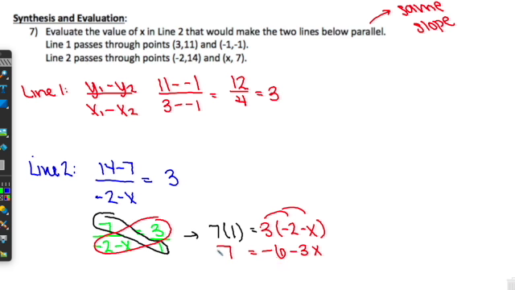Solving for x, we're going to add the 6 to both sides. I'm running out of room. So I have 13 is equal to negative 3x. And then last but not least, divide both sides by negative 3. I'm going to leave this as a fraction. So x is going to be equal to 13 over 3, but it's negative.